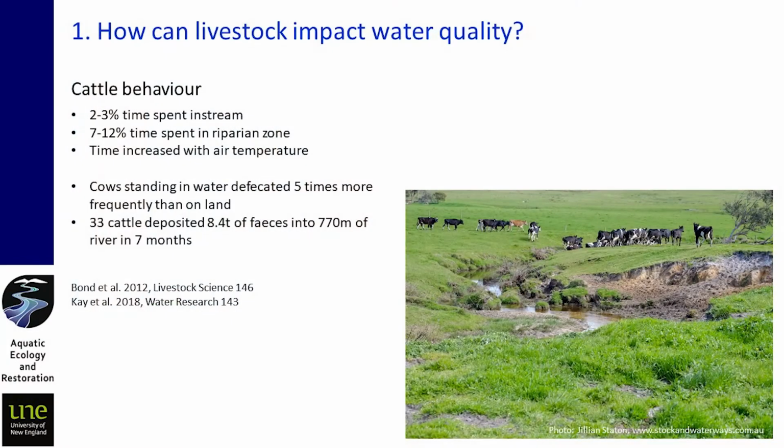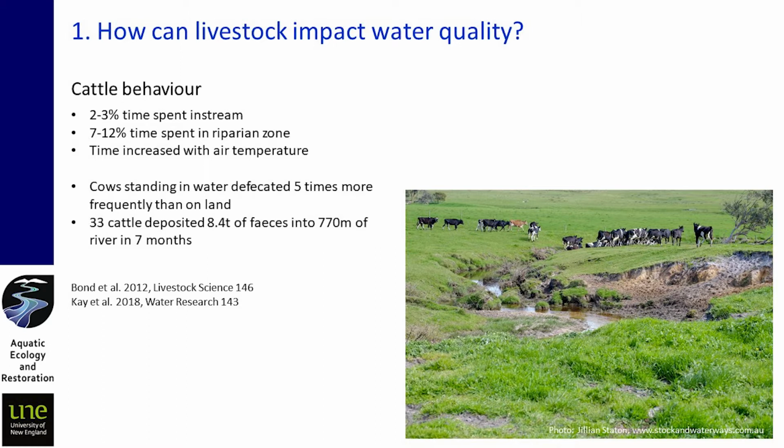So how do livestock impact water quality first? As Deb was saying previously, there hasn't been that much work done in Australia, but we do have research that we can draw on from North America, the UK and also New Zealand.